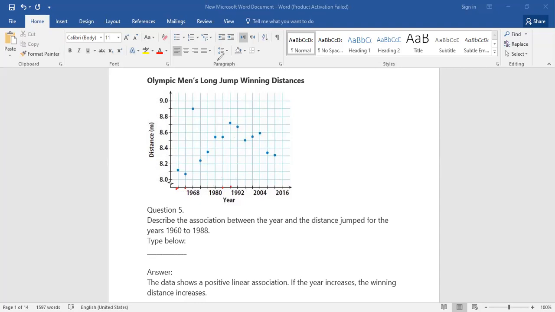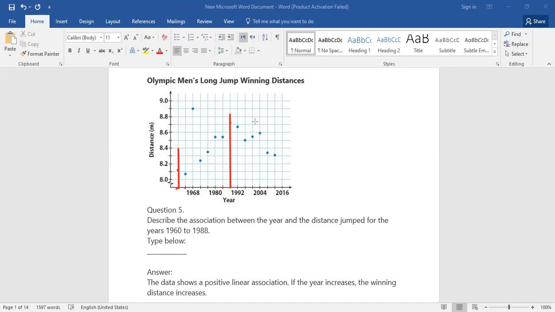Now, in this distance, I will draw a line here to determine this period. So he's looking for this period from 1960 till 1988. The question is, describe the association. So the association will be what?